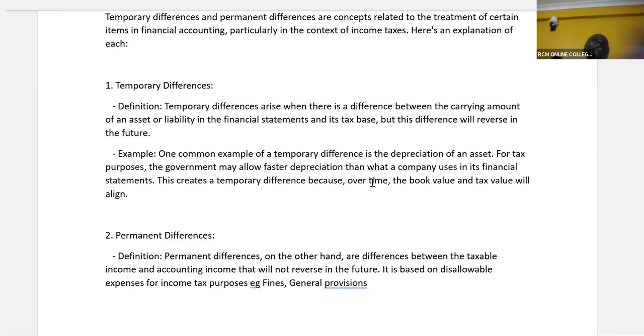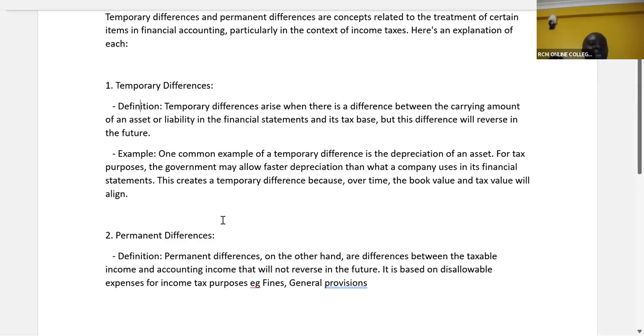We expect a difference to arise, but that difference is temporary because at the end of the day, we must align. We must go to zero. We did a very good example with you, which took us to zero. So this creates a temporary difference because over time, the book value and the tax value will align.